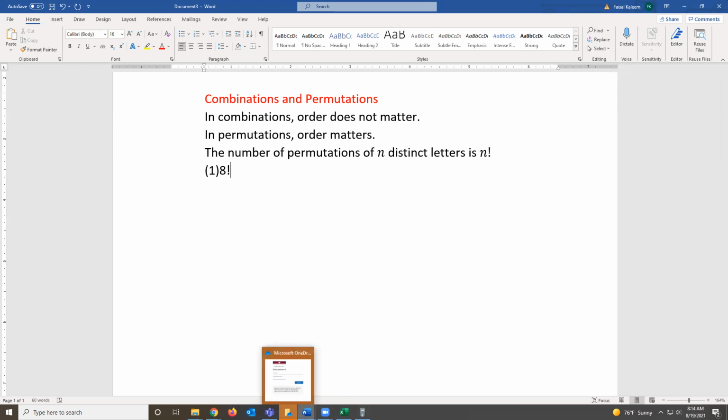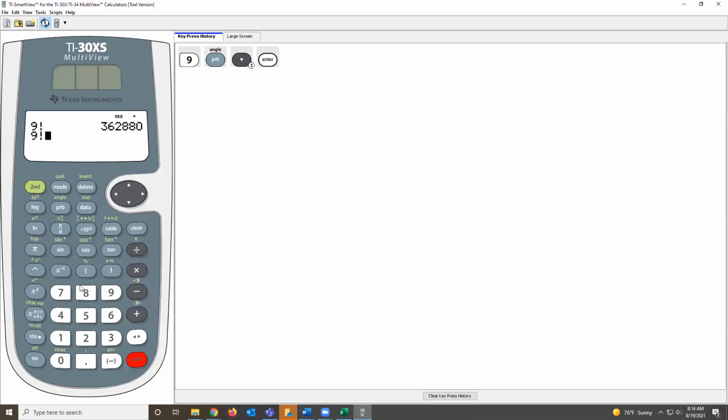And 8 factorial, let's see on the calculator, 8 PRB, scroll to factorial, enter. Let's turn it on and off.